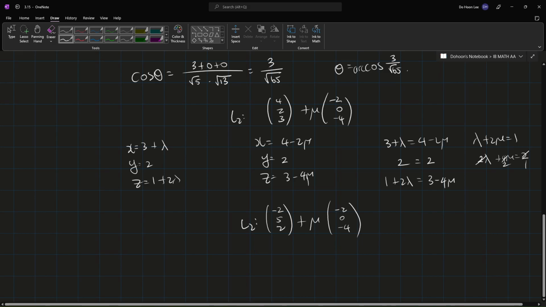Let's again try to find the point of intersection. So this time again, x equals -2 minus mu, y equals 5, z equals 2 minus 4 mu.